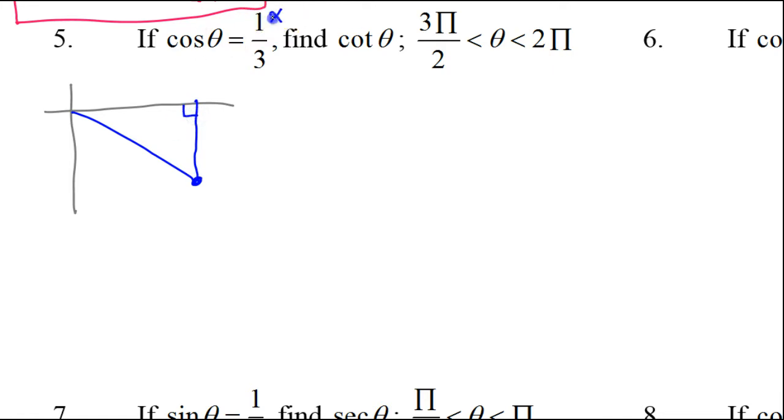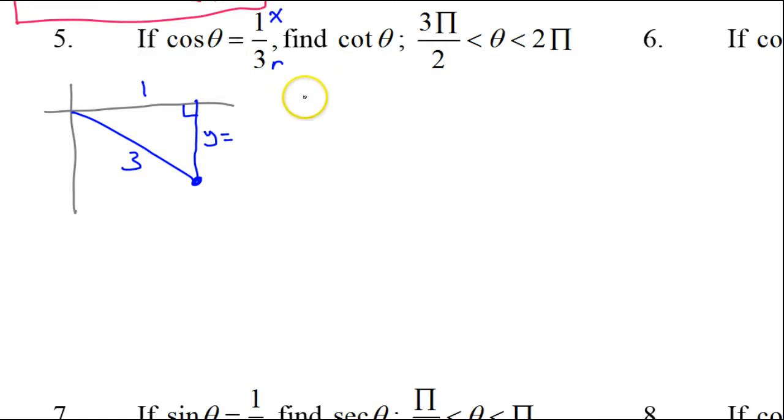Cosine is x over r. So I'm going to put the 1 right here, and I'm going to put the 3 right here. We're going to need to find this y value, but notice that the y value is going to have to be a negative number because it is down below the x-axis. So whatever we find is going to have to be negative. Watch out for that.